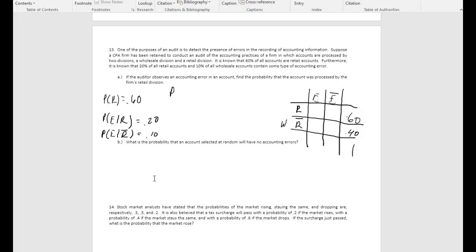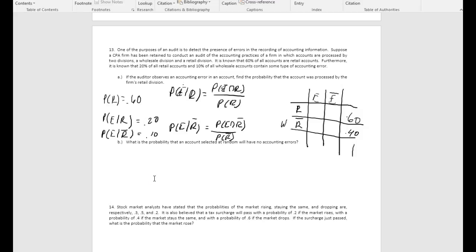So we'll start with the probability of E given R, which is equal to the probability of E and R over the probability of R. And then we have the probability of E given not R, which is equal to the probability of E and not R over the probability of not R. Now we look at what we know.